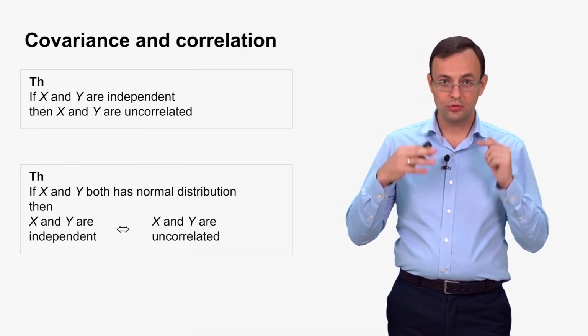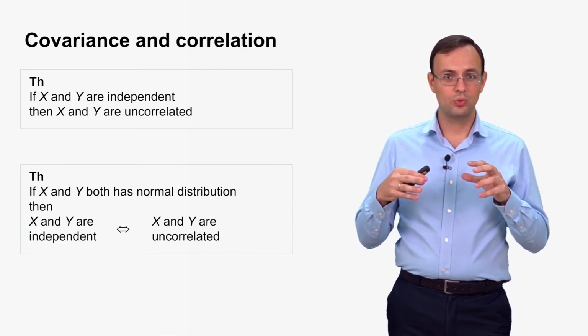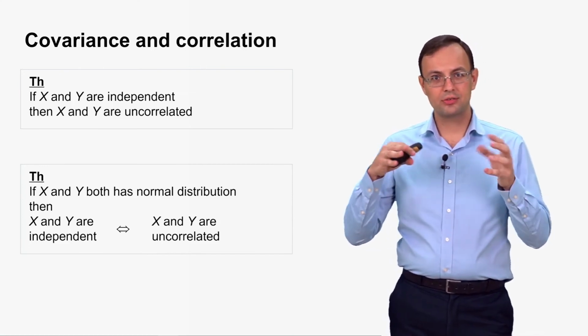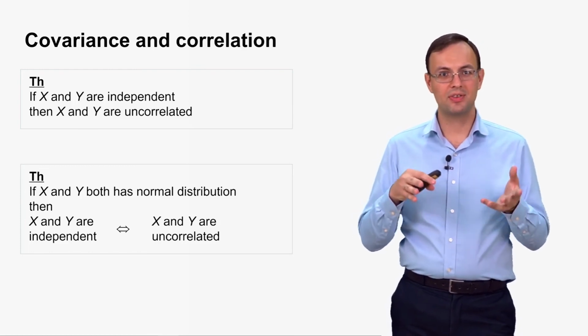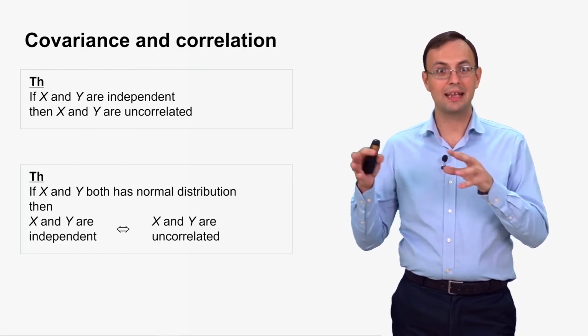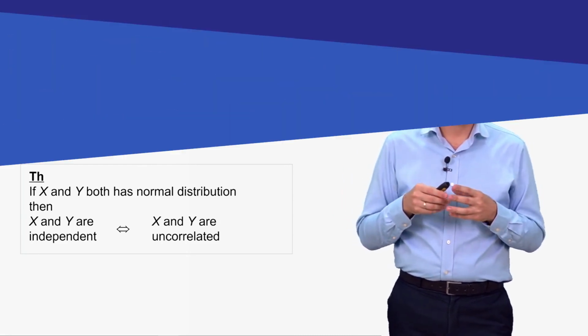But for normally distributed random variables, independence and uncorrelation is actually the same. So if they are independent, then they are uncorrelated, and vice versa. If they are uncorrelated, they are independent.